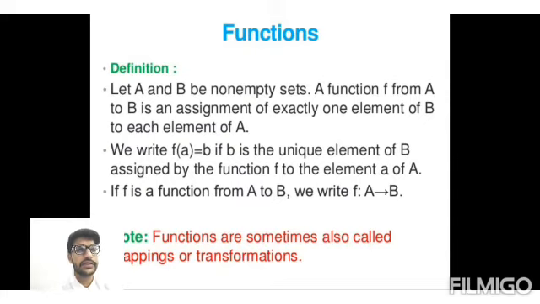A function f from A to B is an assignment of exactly one element of B to each element of A. We write f(a) is equal to b if b is the unique element of B assigned by the function f to the element a of A. If f is a function from A to B, we write f: A to B. Functions are sometimes also called mappings or transformations.